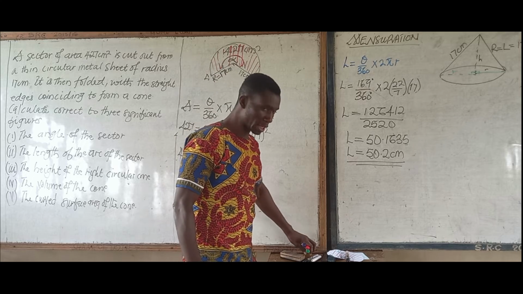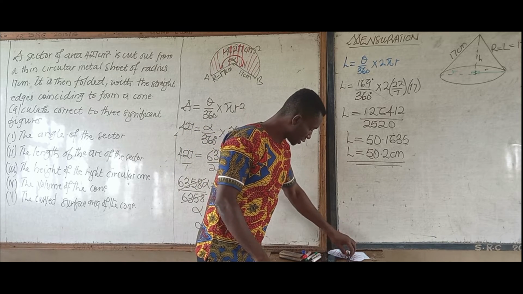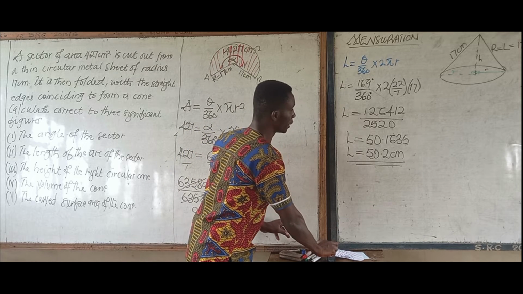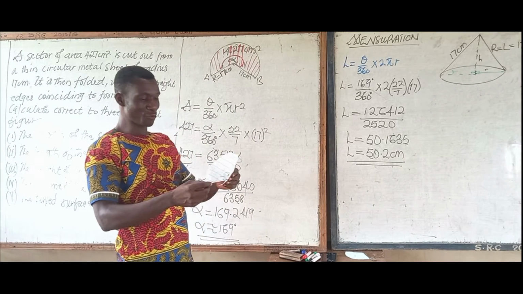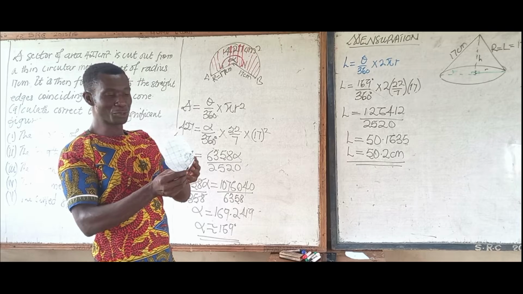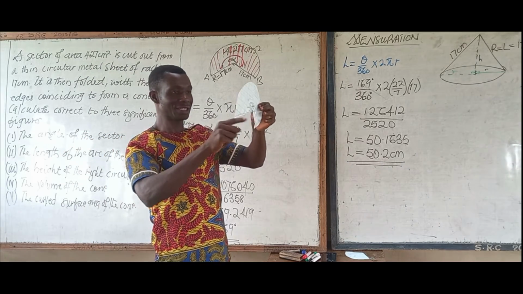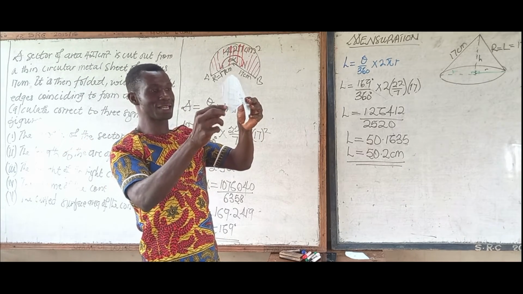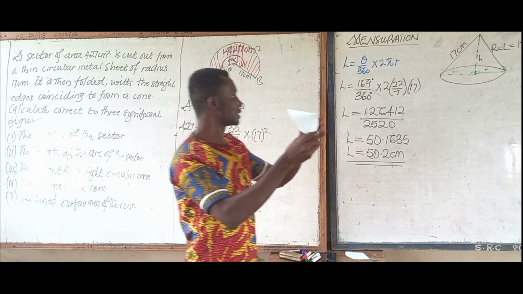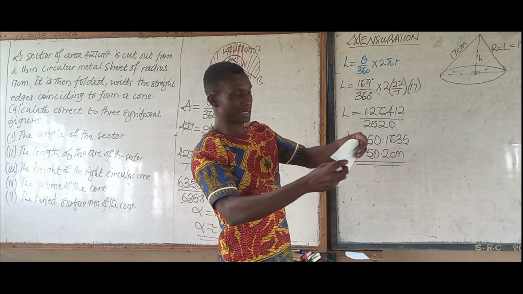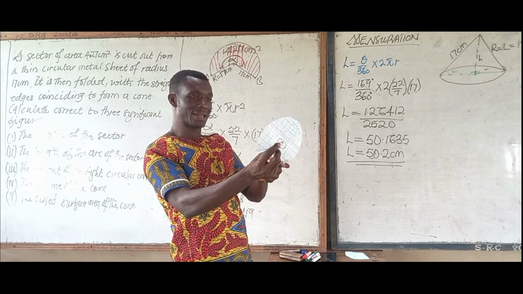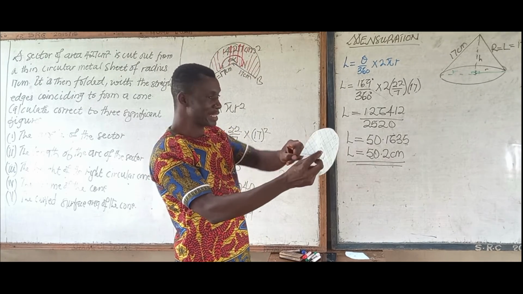Now, let's look at something fantastic also here. If you fold it, you will see that the radius becomes the slant height of the cone. But look at what happens to the length of the arc. This is the length of the arc.